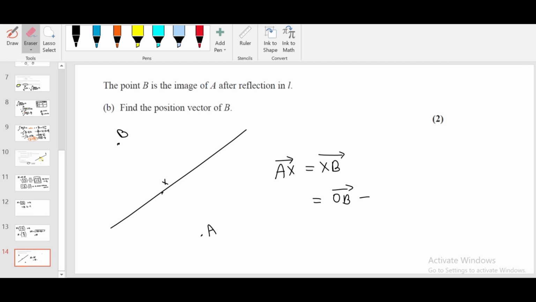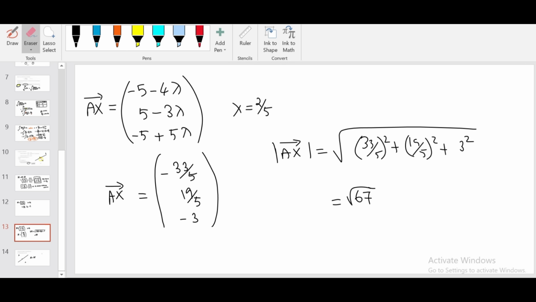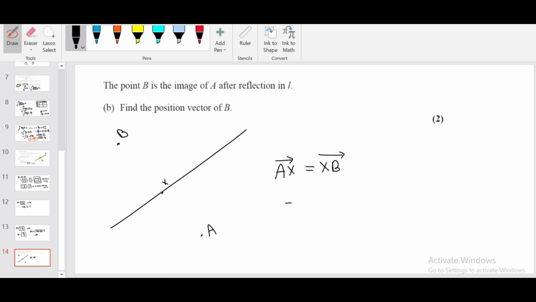So we are going to sub in AX and OX here. We got the AX vector here. It is minus 33 over 5, 19 over 5, minus 3.